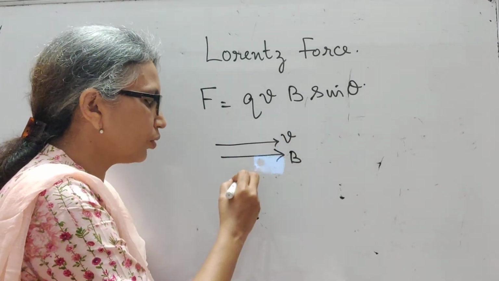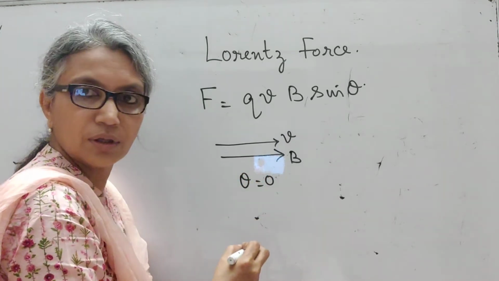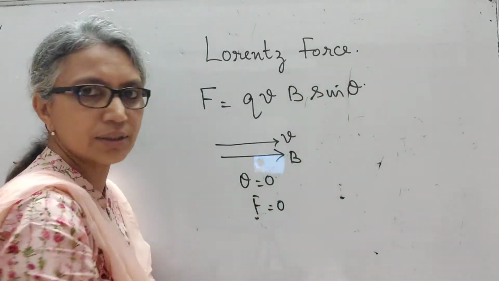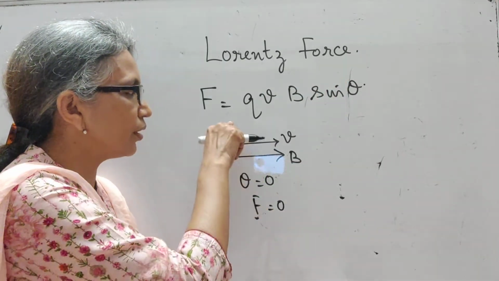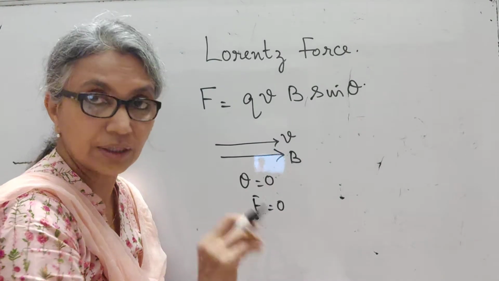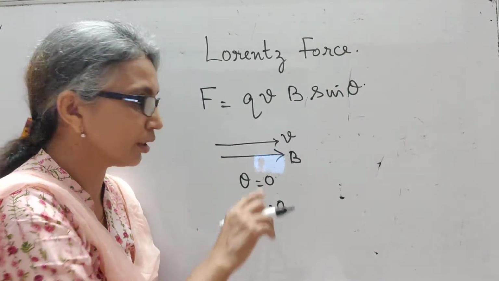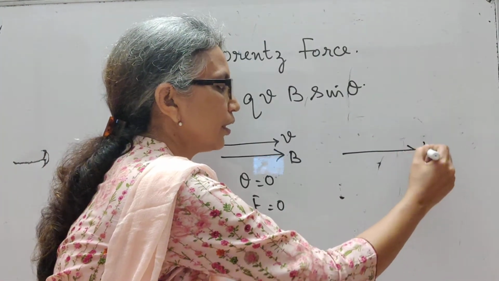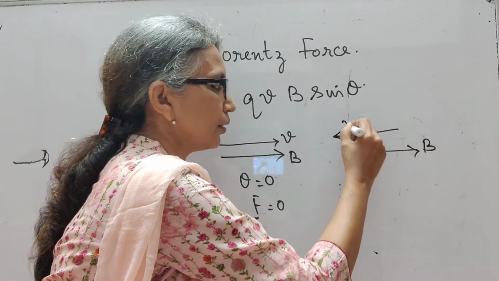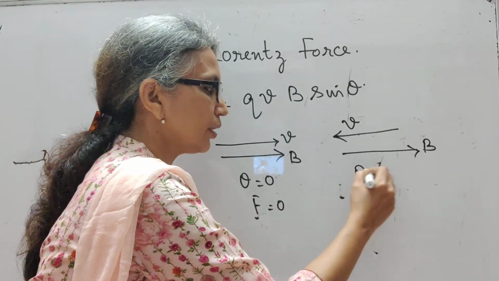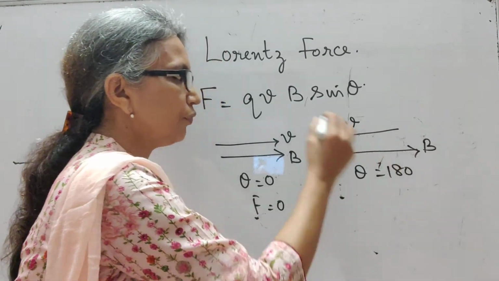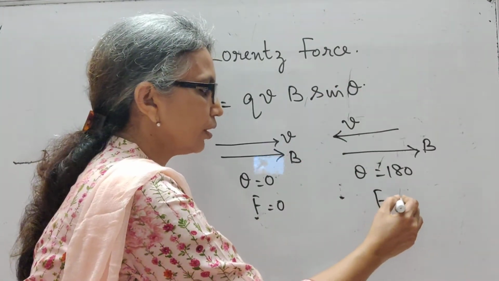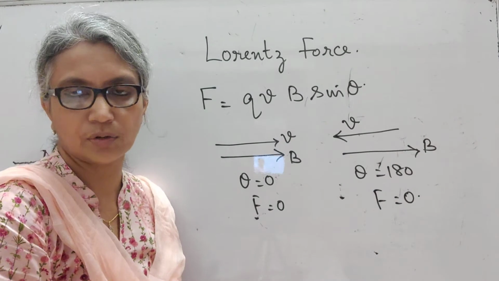Angle between V and B, both are parallel, so theta is 0, which means force is also equal to 0, because sine 0 is 0. So no force is exerted on the particle by the magnetic field if V and B are parallel. Same case, if B is in this direction and let's say V is anti-parallel, then what happens? Theta is 180. Between V and B, the angle theta is 180. Sine 180 is also 0. In that case also F becomes 0.